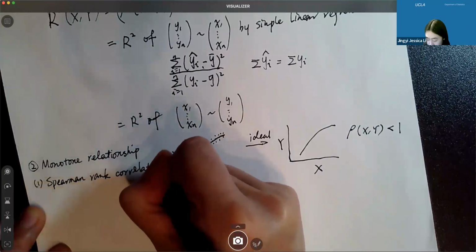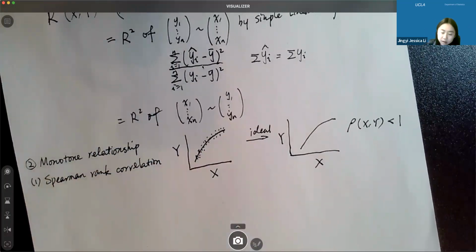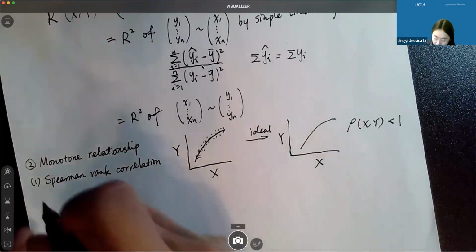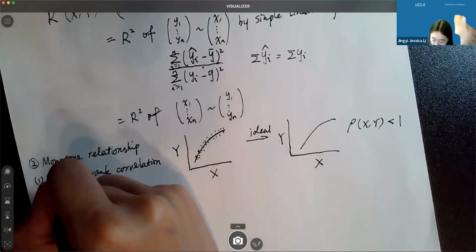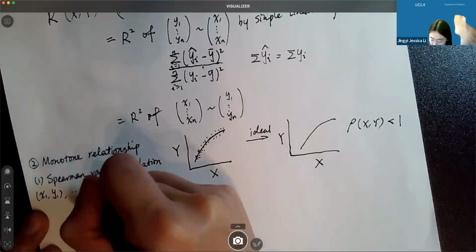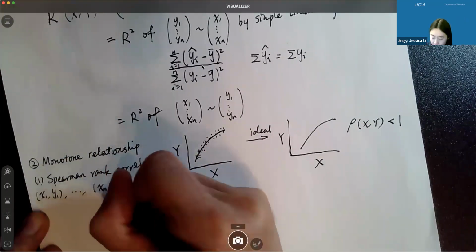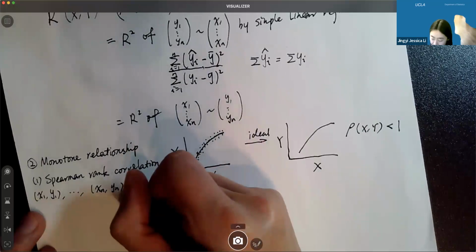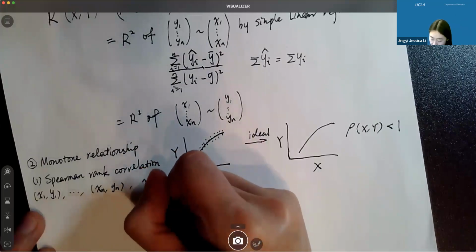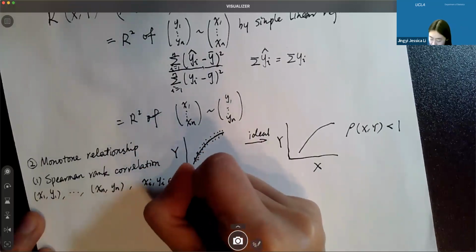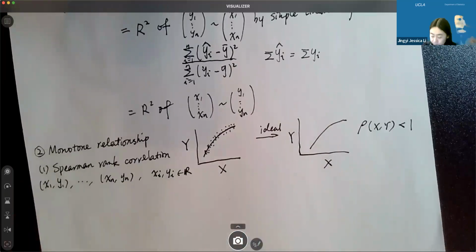For the Spearman rank correlation, we will only discuss it at the sample level, based on X1, Y1 to Xn, Yn, instead of the population level. And here X_i, Y_i are both scalar, one-dimensional.